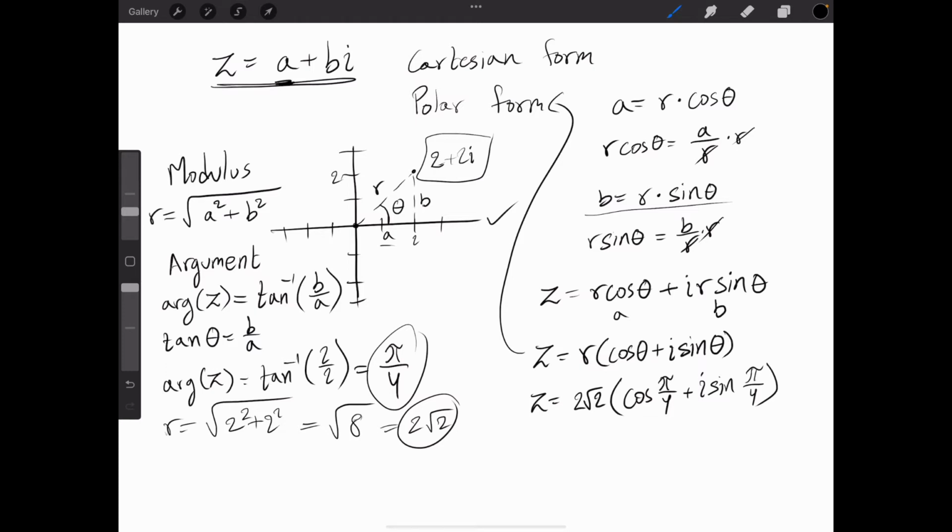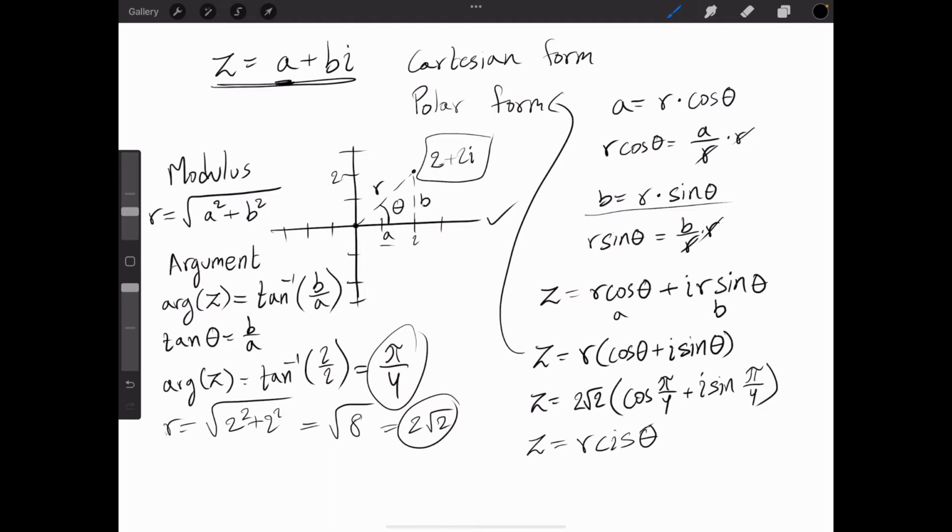And mathematicians, being the lazy people that we are, have invented a shorthand of polar form, which is z is equal to r times cis theta. Basically, it means z is equal to r times cosine theta plus I sine theta.